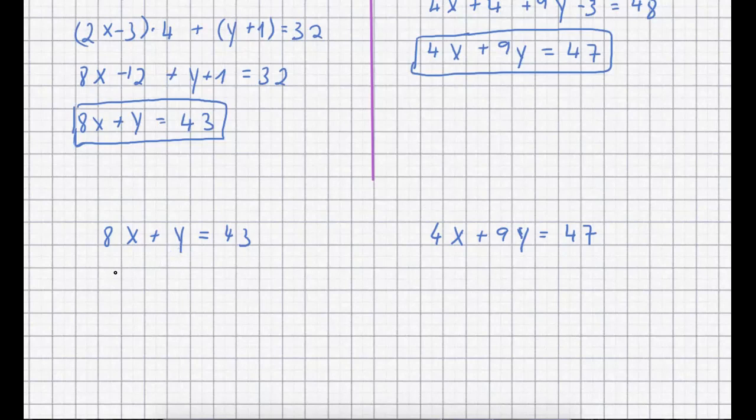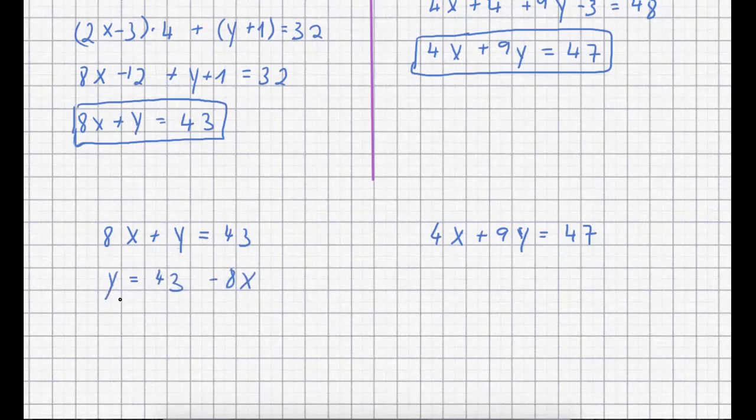So you put the 43 next to the x? Yeah, or just move the 8x to the other side. Because you want to have y equals 43 minus 8x. Okay. Now this is y.